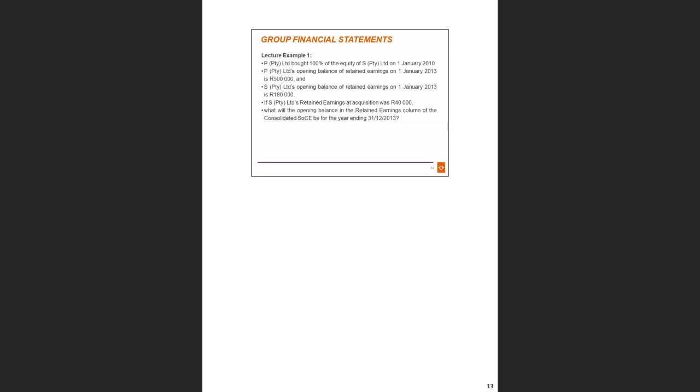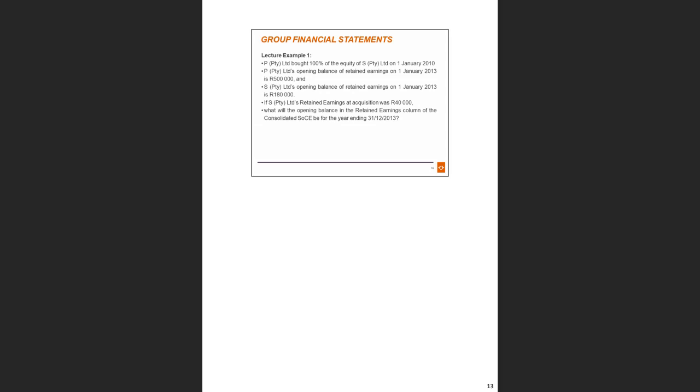Okay, so they've given us all of this information, and we now need to determine what is the opening balance in the retained earnings column of the consolidated statement of changes in equity for the year ended 31 December 2013. So how are we going to calculate this? We need to determine what is the post-acquisition retained earnings.